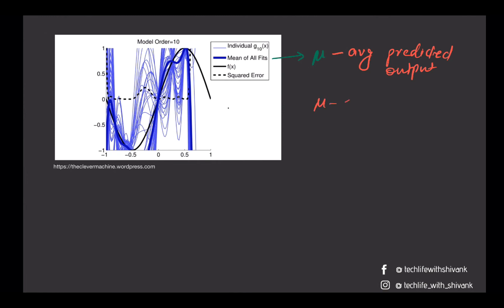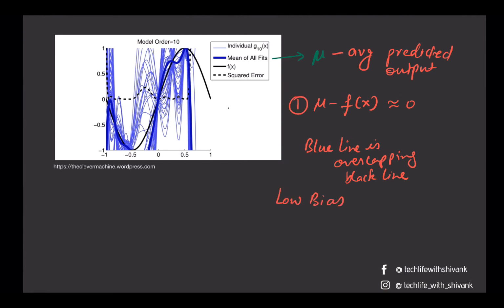So mu minus f(x) is close to 0. So basically the blue line is overlapping the black line. And this is the case of low bias. So here the bias is very low, but variance is very high.